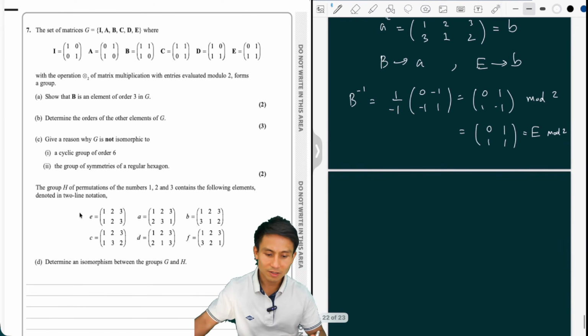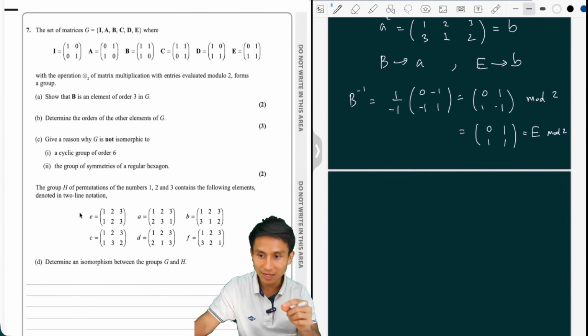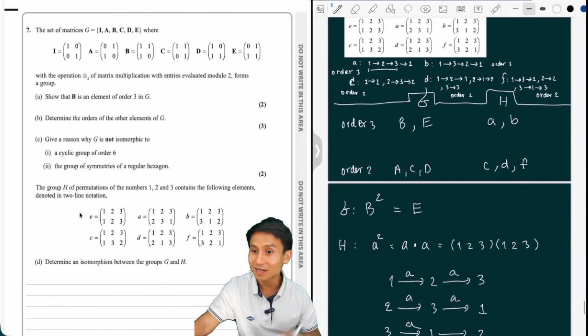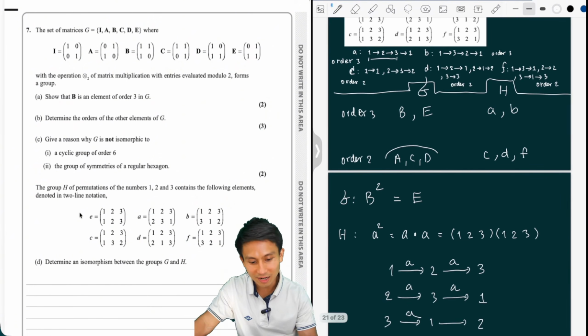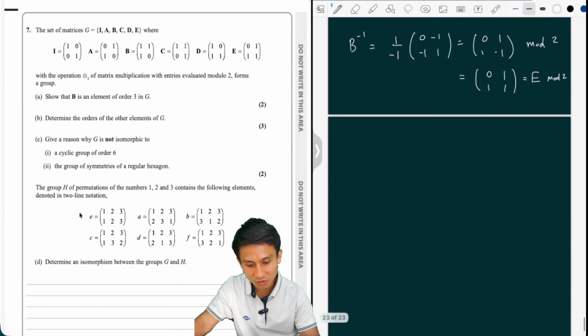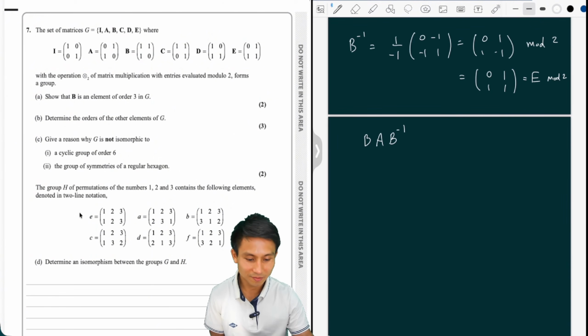What does that mean? Well, when we want to do conjugation using matrix B here, you basically do the diagonalization, right? So we're going to apply diagonalization using matrix B here for all A, C, and D. Let's see. So we do B, A, B minus 1, like that. And see what we get, right?